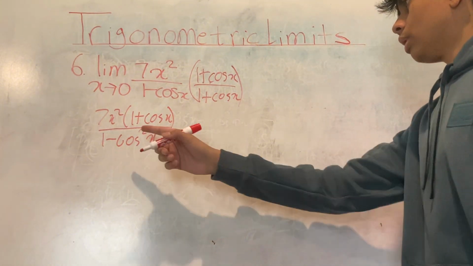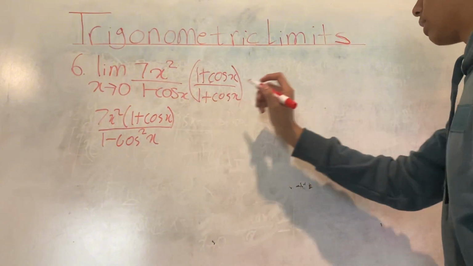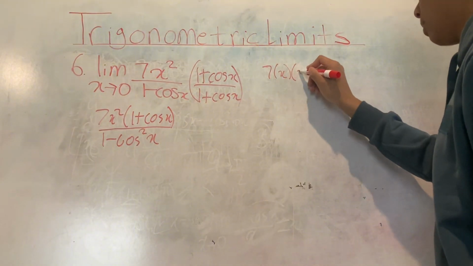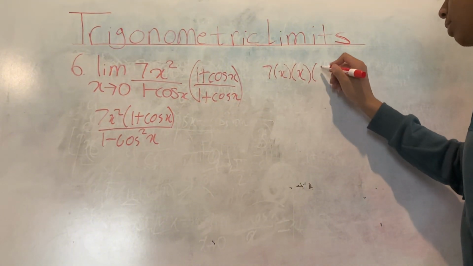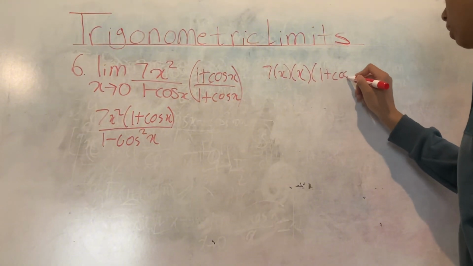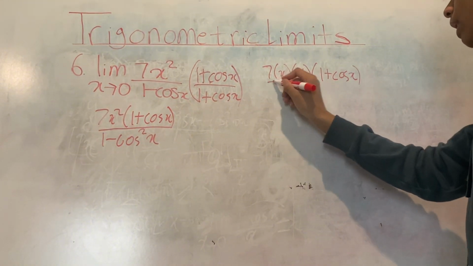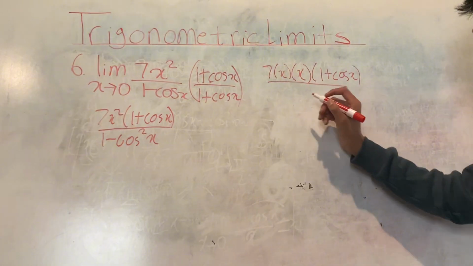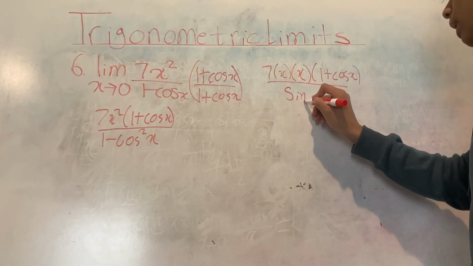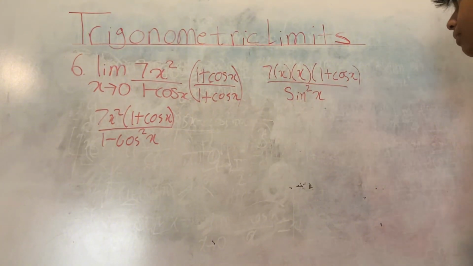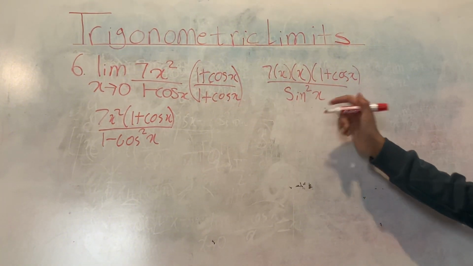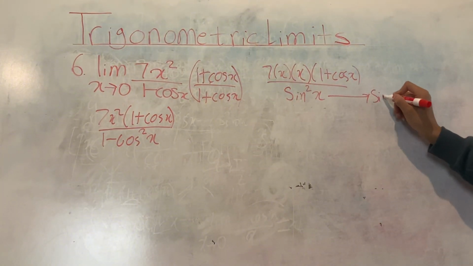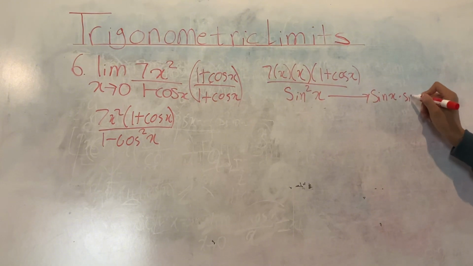And now, let's rearrange this a bit. So this is going to be the same as 7 times x times x times 1 plus cosine x, all divided by, and we know this from the Pythagorean identity, sine squared x. So this is also really just sine x times sine x.